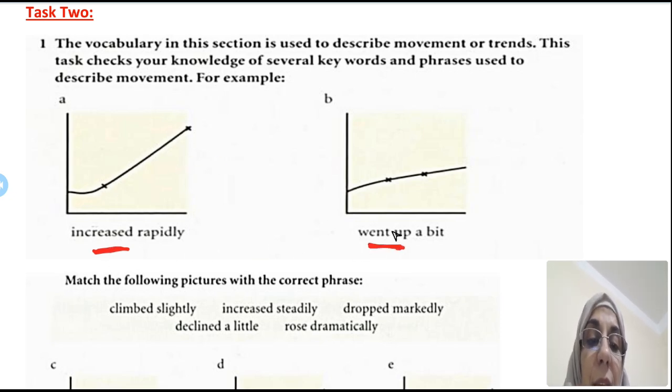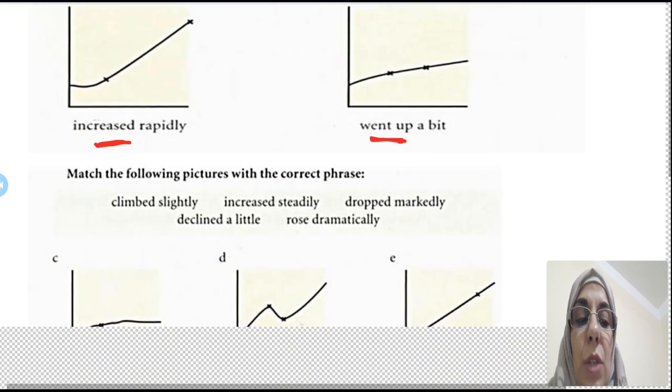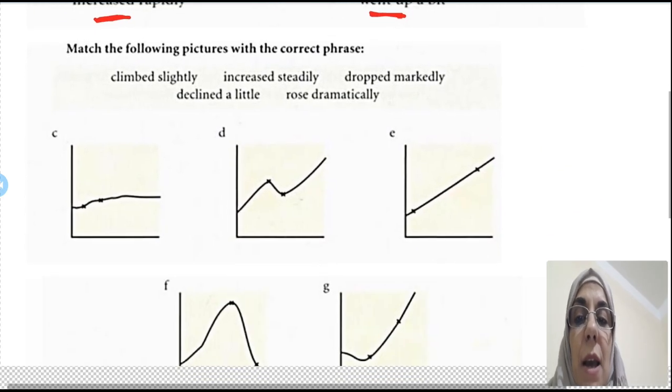So in the second image B, we've got here that the line is going up a bit. It's going up but a bit, not rapidly, okay, slightly. These are examples that may help you in order to do the following exercise.